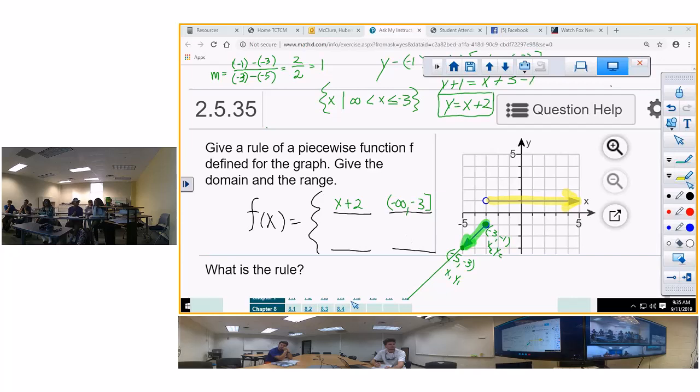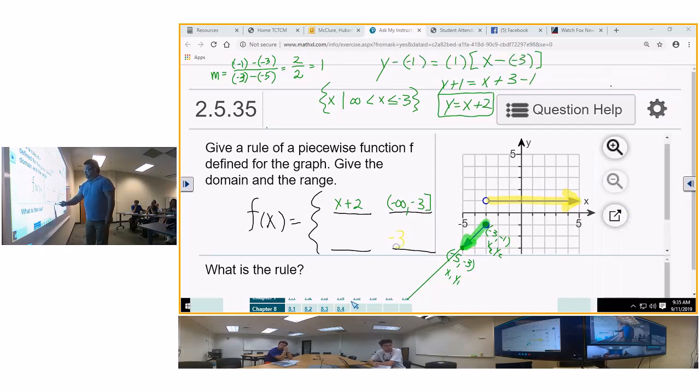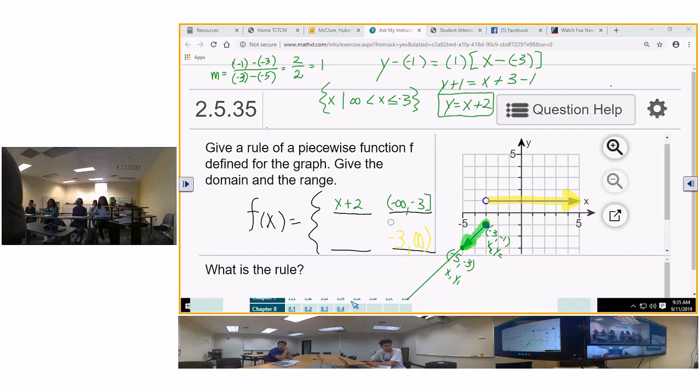Okay, so let's do this. What is the domain for this function? Well, it starts at where? -3, and it goes to what? Infinity. And you can't touch infinity. Can you touch -3? No. Can you do the notation?